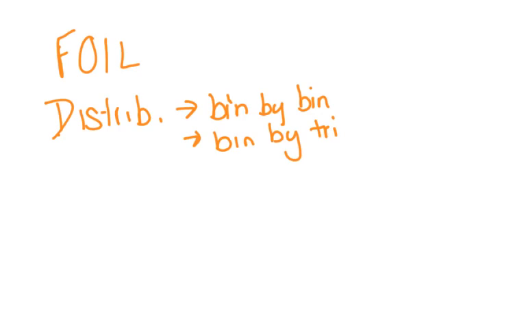Again, guys, you can always use that box method in order to solve and multiply. Okay, it's not like you always have to use FOIL or distributive. You can use the box method also.